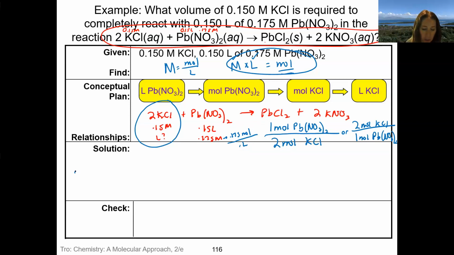So if we do that, we have 0.15 liters of Pb(NO3)2, which I'll put over here. I'm going to put 1 liter under 0.175 moles of Pb(NO3)2.